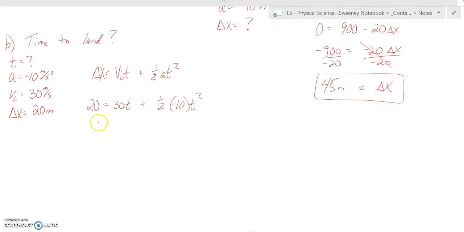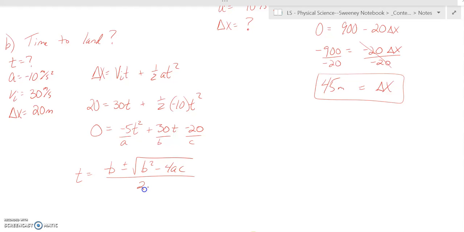So we get everything on the same side of the equal sign. And I'm going to put my t squared term first. So half times -10 is -5 times t squared plus 30t minus 20. So -5 is A, 30 is B, -20 is C. So our time is going to be equal to negative b plus or minus the square root of b squared minus 4ac all over 2a.